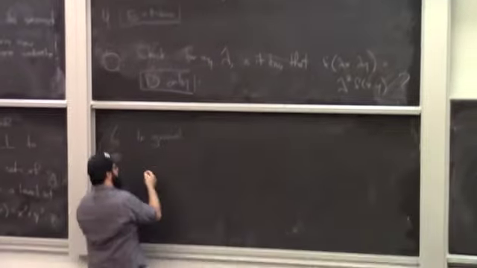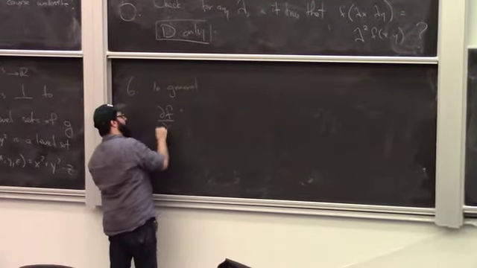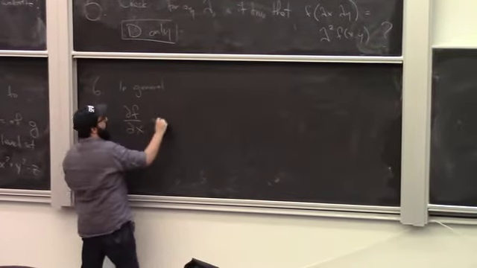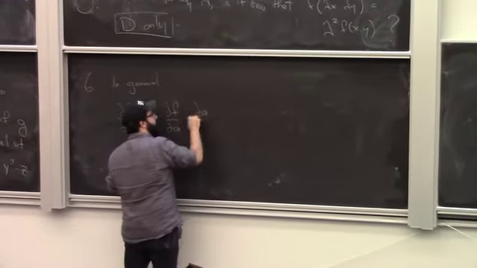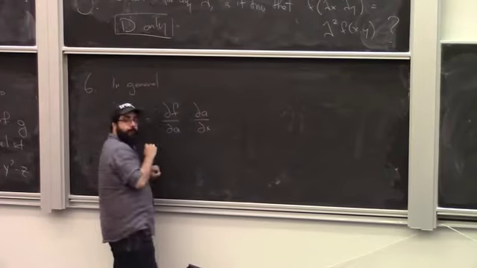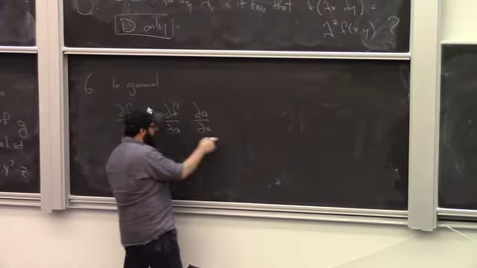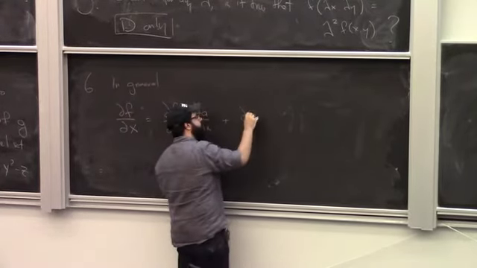In general, the chain rule would say something like, if you want to compute the derivative of f with respect to x, let's say, you would compute its derivative with respect to a, and then compute the derivative of a with respect to x. And then do that for all of a, b, and c and sum them up.